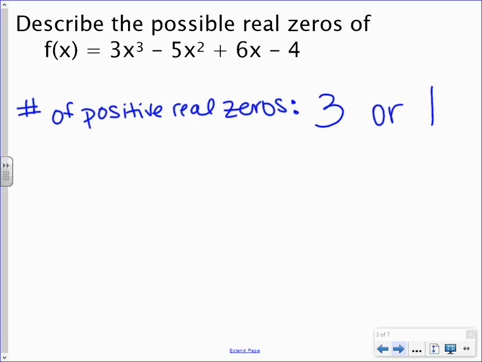Now, let's look at our negative real zeros. For this, we need to look at f of negative x. Remember, f of negative x means we're plugging negative x in.